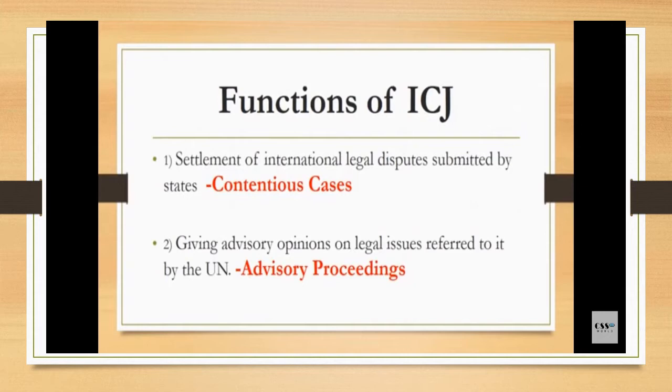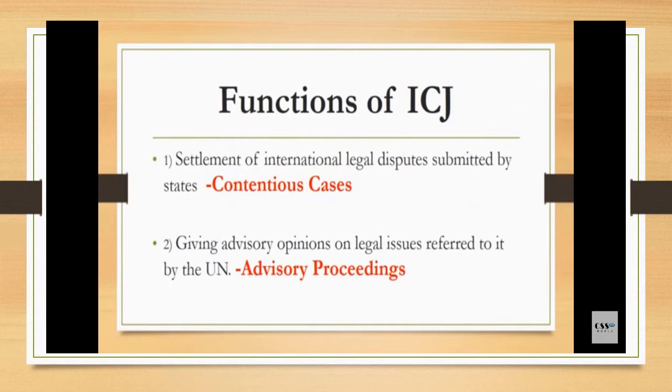We can quote the example of Pakistan and India, where there was an issue of the state of Kashmir, and of course it is a legal dispute where both states claim their right on that particular area.